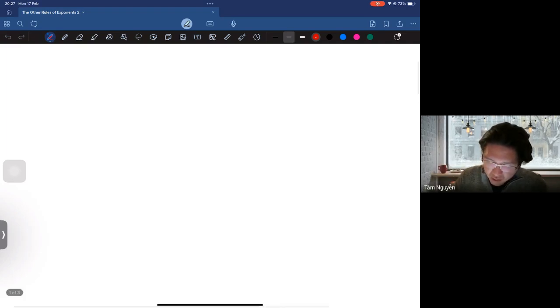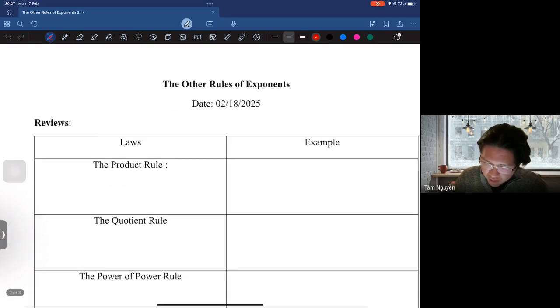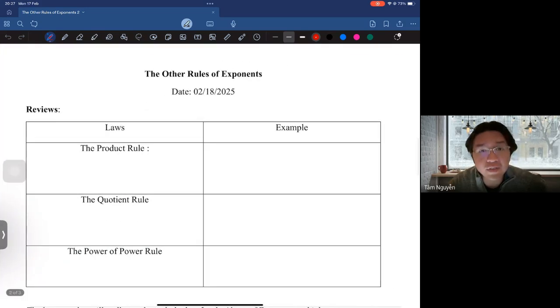All right. So the lesson today is we're going to learn about the last two laws of exponents. But before we get into it, I think it's going to be better if I remind you a little bit about what we learned last Friday. Because even though I'm not going to give you an exit ticket on Schoology, you still have to work on some problems at the end of the day.